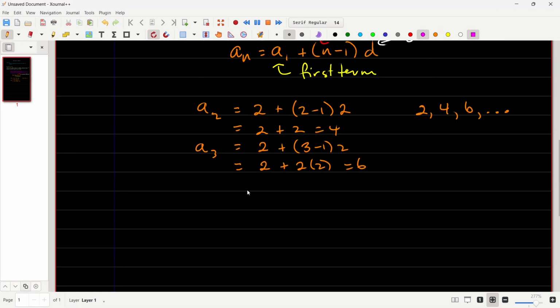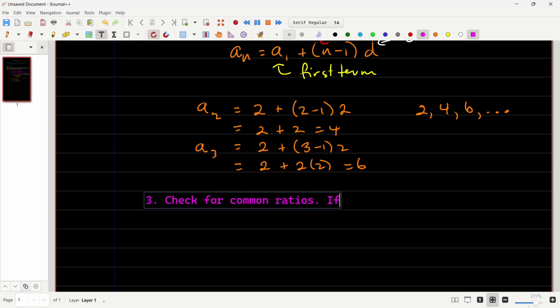The next one that we have, which is the third one, is to check for common ratios.